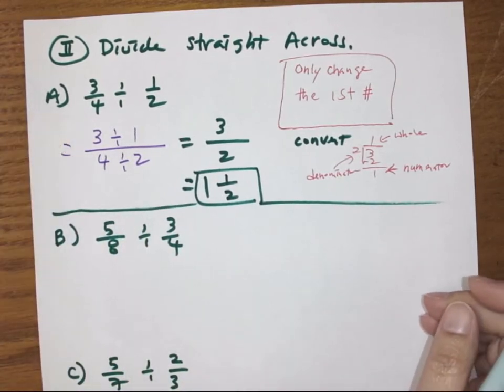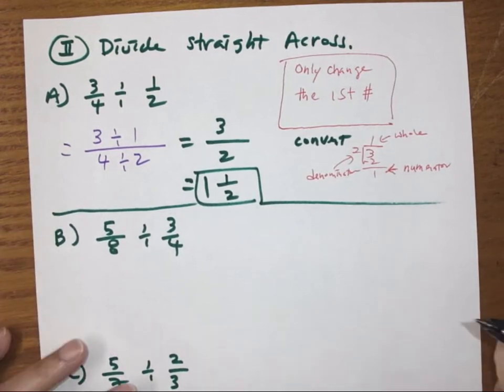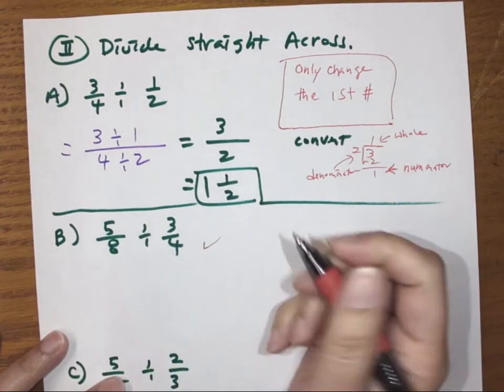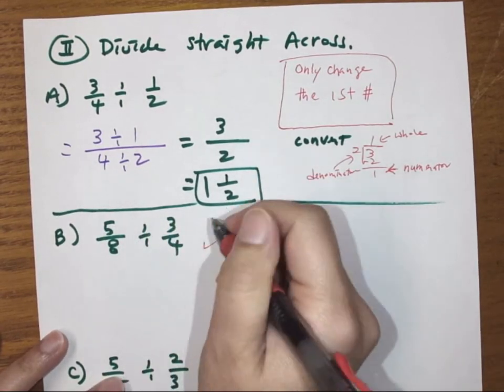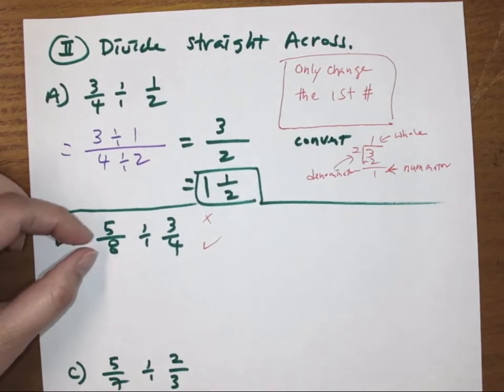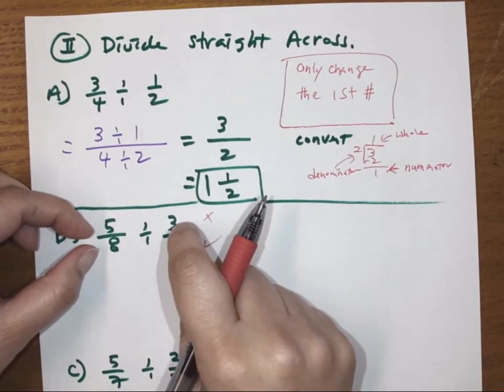So the first one is a perfect candidate for divide straight across because I can divide them evenly. If you look at the second question, the bottom part, 8, can be divided by 4 evenly, but 5 cannot be divided by 3 evenly. So we have to do something to change just the first fraction so that it can be divided by 3.